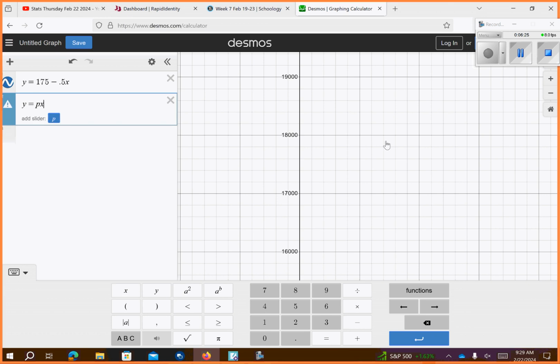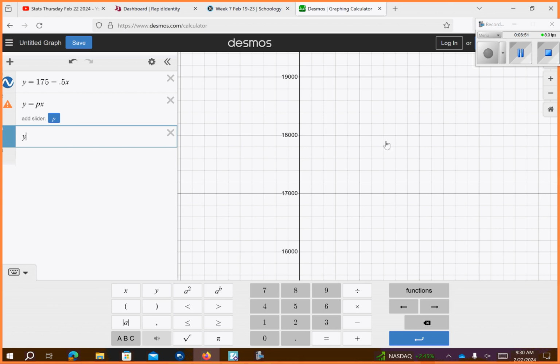All right, so that basically means between those 2 equations, the above equation is our p-value. So what I could do is I could go ahead and plug this equation in for that p. So it'll be that parentheses times x. So it's going to become a parabola.